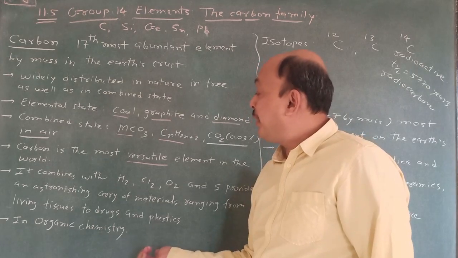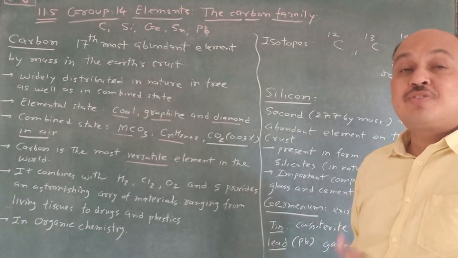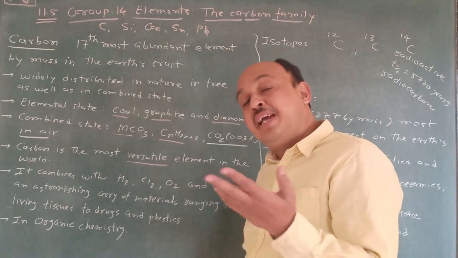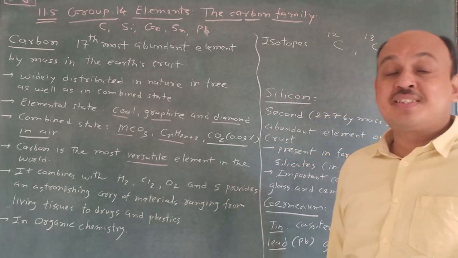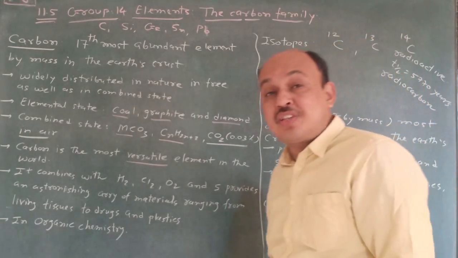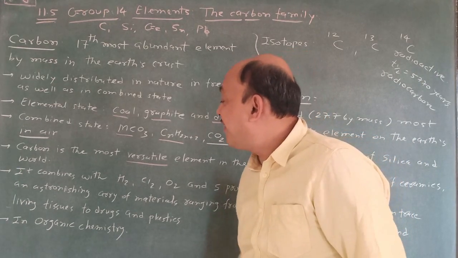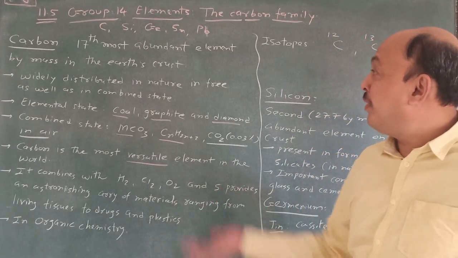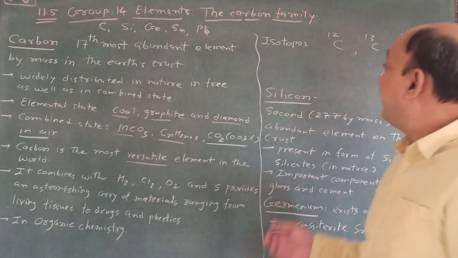Organic chemistry deals with carbon, and carbon is very important in the form of carbonate and bicarbonate. Many forms are there: carbonate, bicarbonate, carbon dioxide, carbon monoxide. You have to remember all these terms. In organic chemistry, you learn many organic compounds formed with the help of the carbon atom. So it is very important.